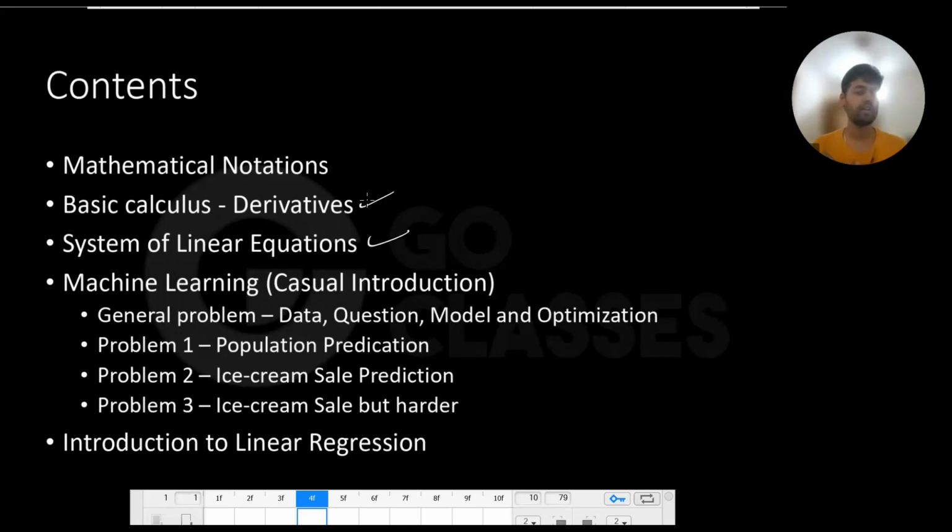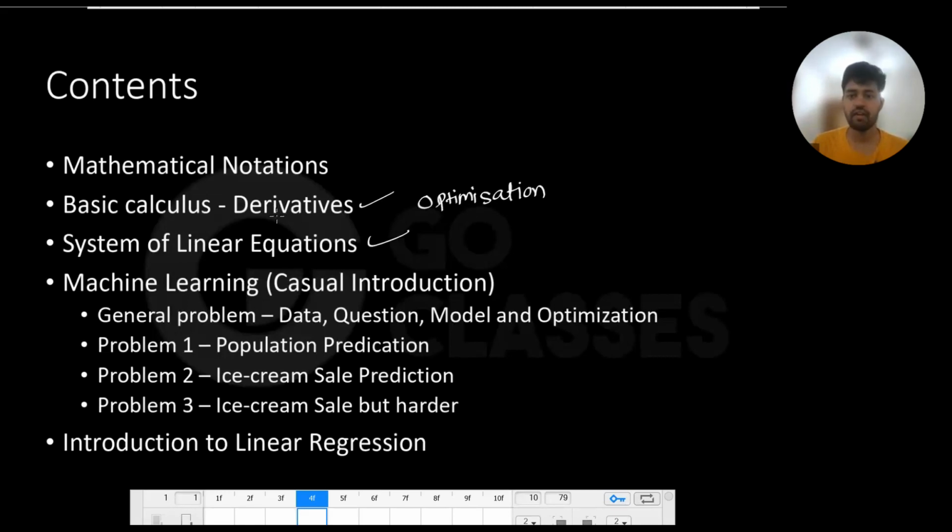We will cover this on a need-to-know basis in machine learning, and once the machine learning course is over, we can do a really deep study of derivatives and linear equations in the other subject that we have, which is basically optimization. So it means that we will cover the concepts which are needed for machine learning as we go through the course.